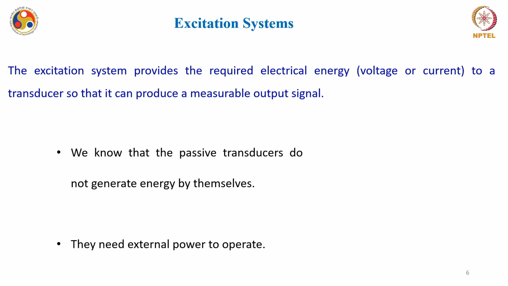We have seen that the excitation system is one of the crucial components of a signal conditioning system. The excitation system provides the required electrical energy, maybe in terms of voltage or current, to a transducer so that it can produce a measurable output signal. All transducers may not have sufficient energy or may not be capable of generating sufficient energy for their operations, particularly the passive transducers.